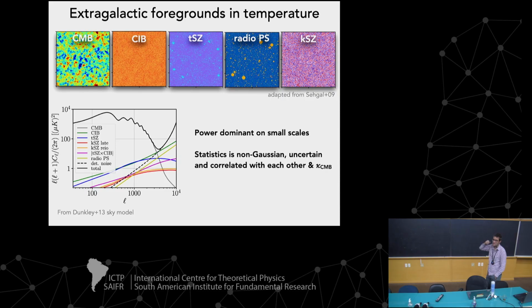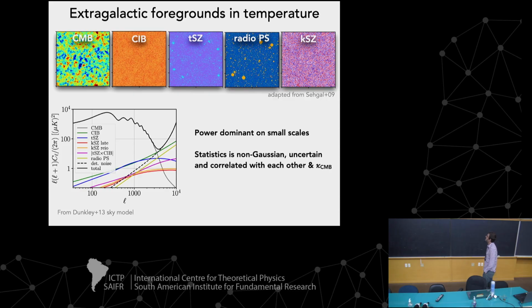Some of these foregrounds are correlated because the same galaxies that can live in clusters and imprint SZ might have dust that emits towards the cosmic infrared background. And so you have the correlation between TSZ and CIB. And again, those radio point sources.